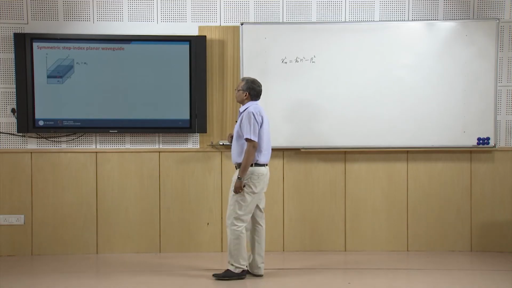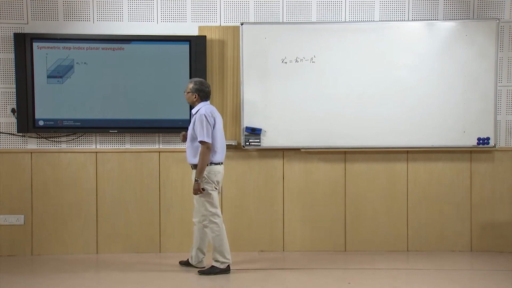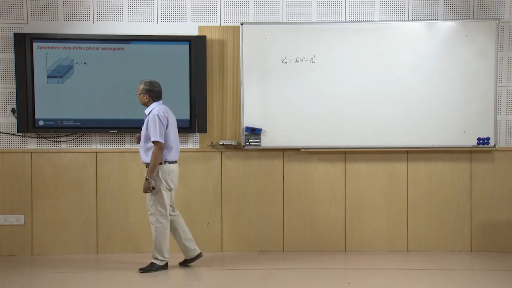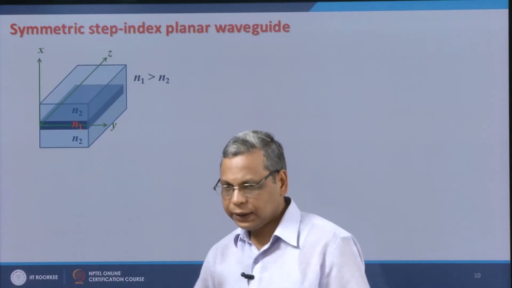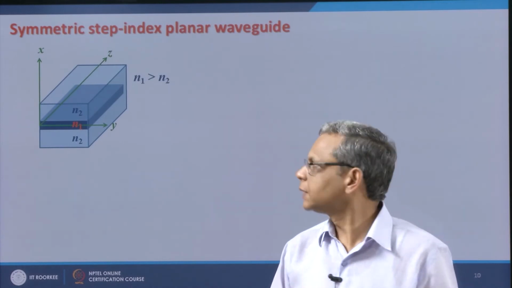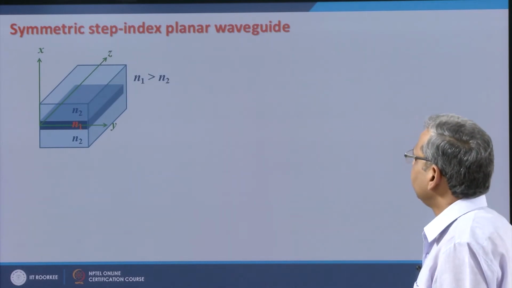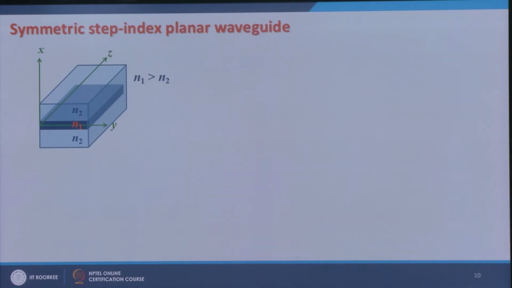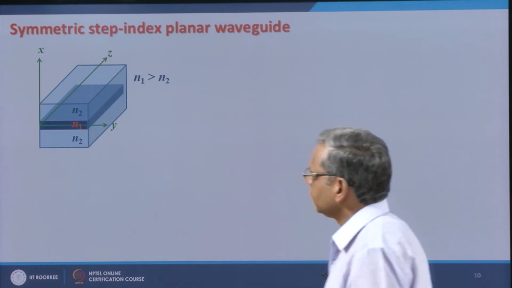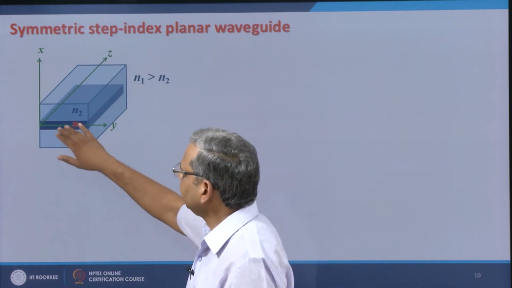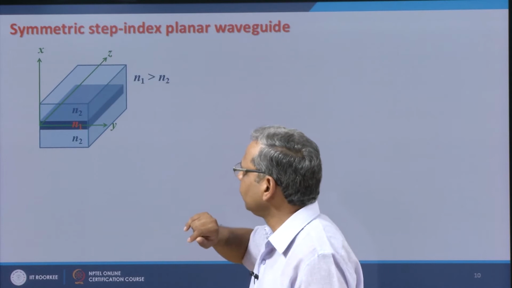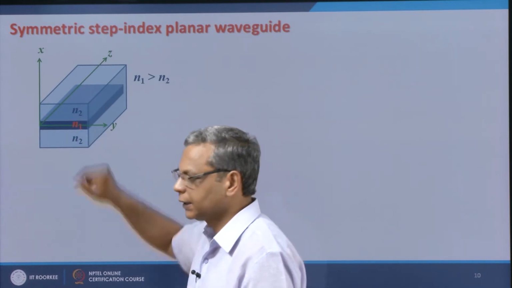Okay, so now what we are going to do is to look at a more practical waveguide, which is a symmetric step index planar waveguide, a planar dielectric waveguide, which is obtained by sandwiching a high index slab between two lower refractive index slabs.